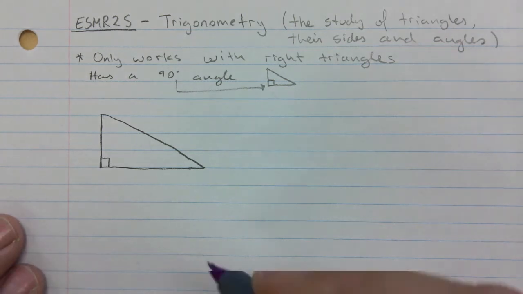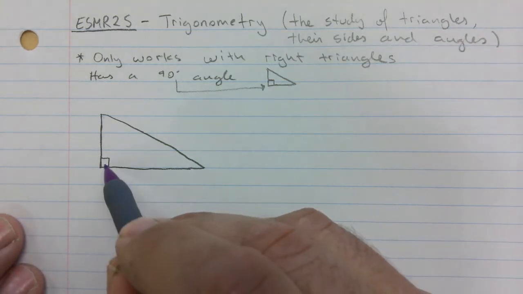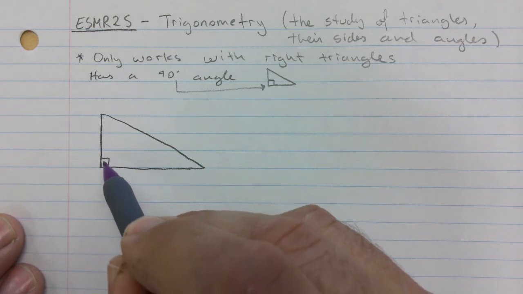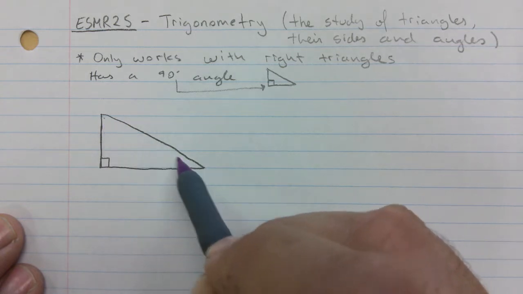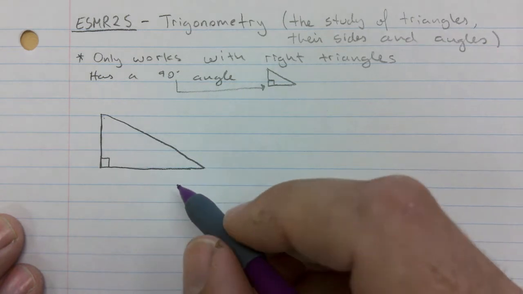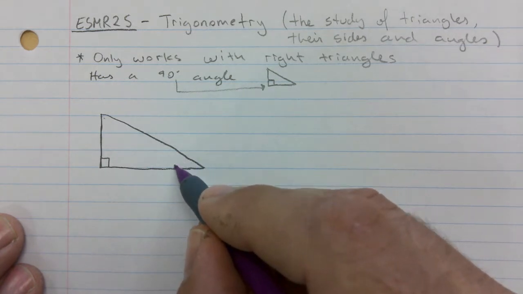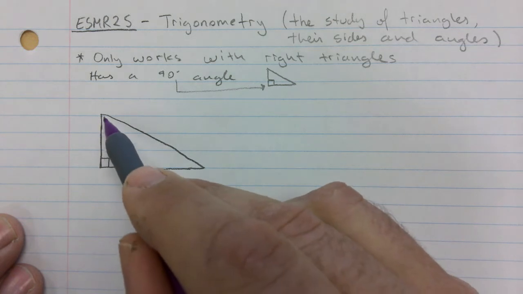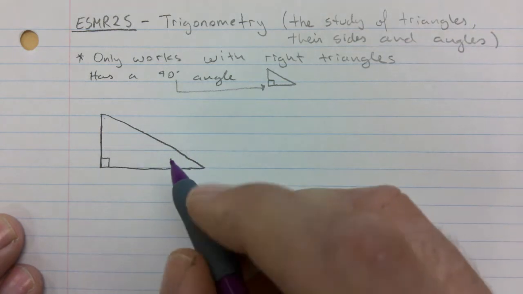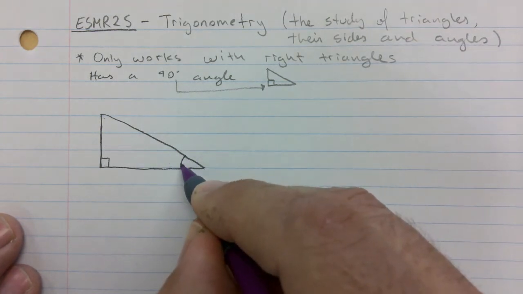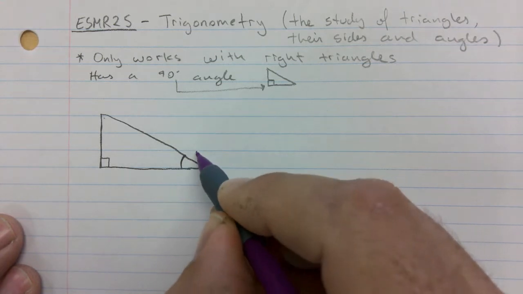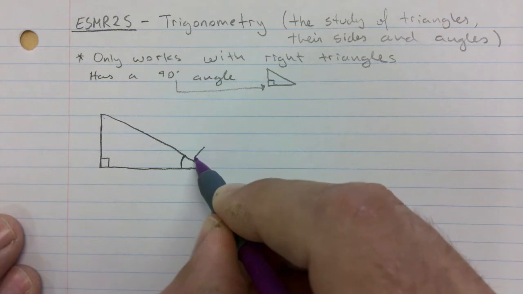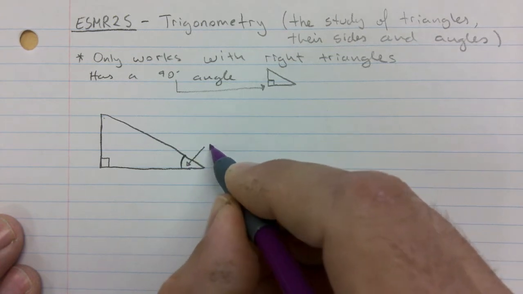There's always going to be a 90-degree angle, and these other 2 are also angles which will be given to you. So there'll be a number in here or in there. It depends, but let's say they give you this angle here. It'll be marked like that, or there'll be a number in there. This is called the reference angle.